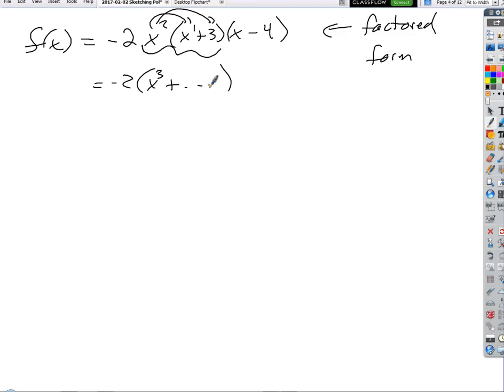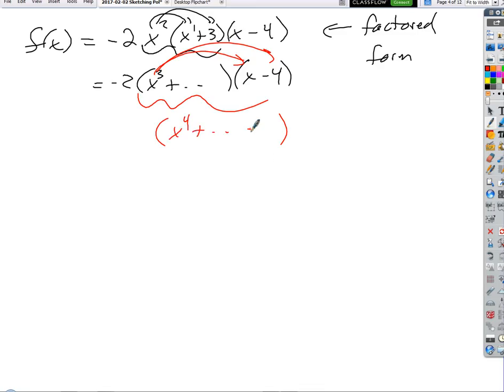Okay, so I don't care what the other stuff is because ultimately all I want is the leading term, right? So if I'm going to multiply that then by x minus 4, I don't care about all this other garbage. All I care about is what happens when I distribute the x cubed, right? When I distribute the x cubed, what's that first term going to be? X cubed times x to the 1 is x to the 4th.